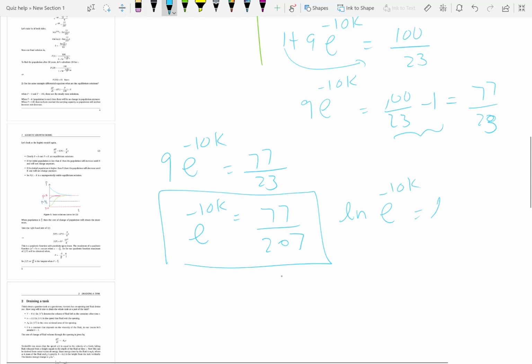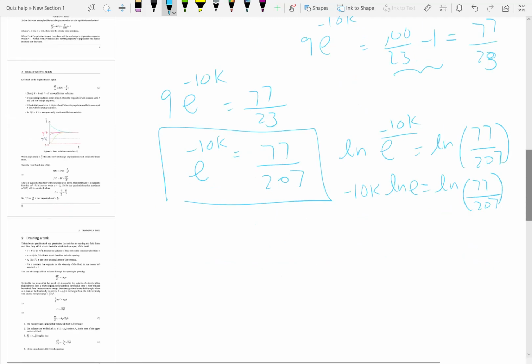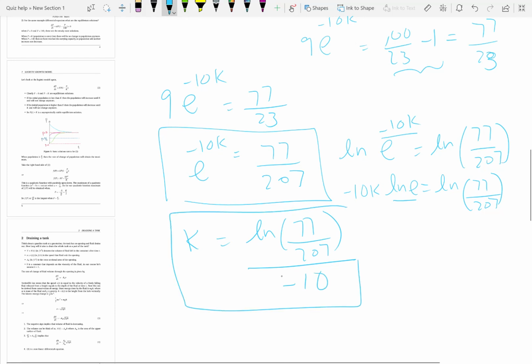Now let's take the negative 10 times k in front of natural log e, by logarithmic rules. Natural log e is 1, we know that as a fact. So k is natural log of 77 over 207, everything divided by negative 10. That is small k, the growth rate.